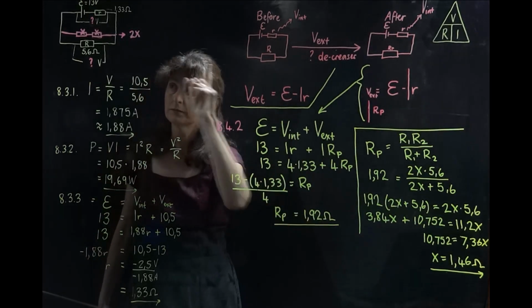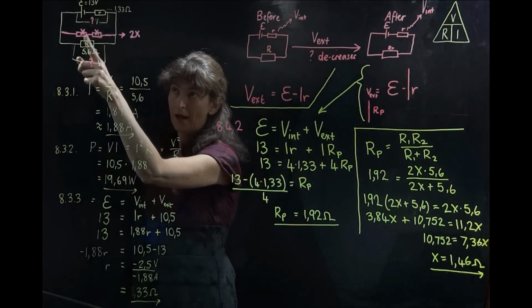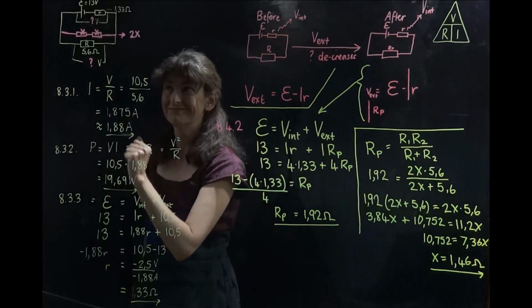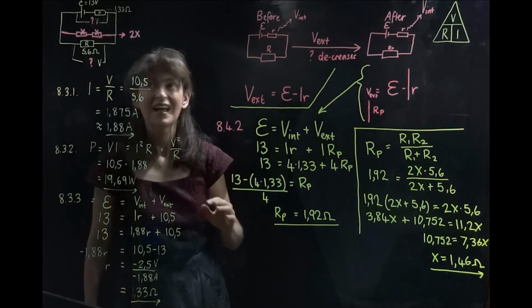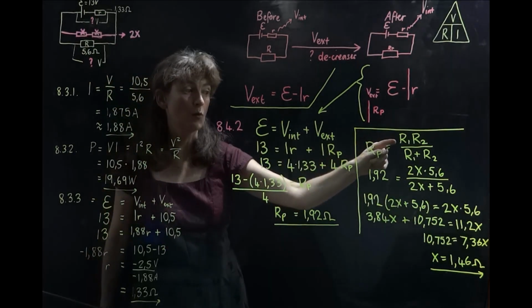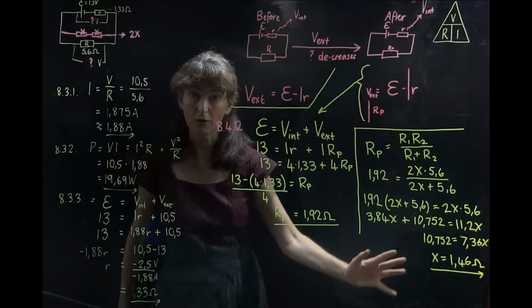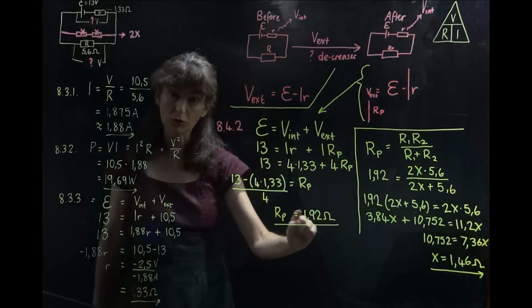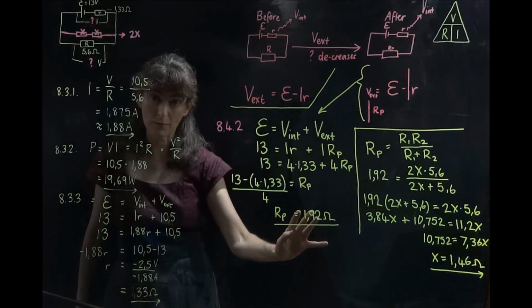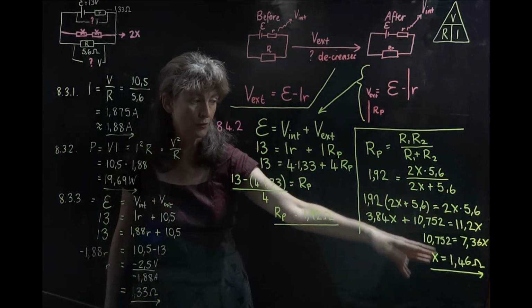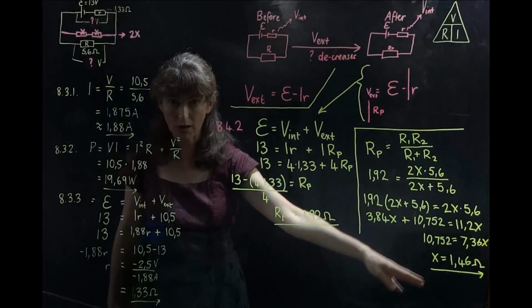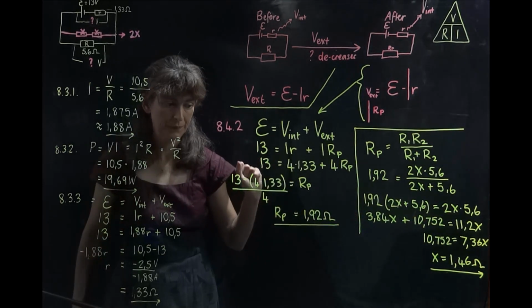Take this value, put it over there, multiply it by 2, add them together, and that then gives you R1. 5,6 is R2. Substitute all over and check that indeed you do get a parallel resistance of 1,92. That will assure you that you didn't make any algebraic errors over there.